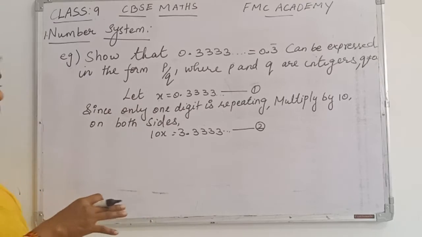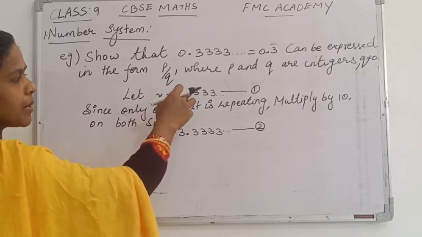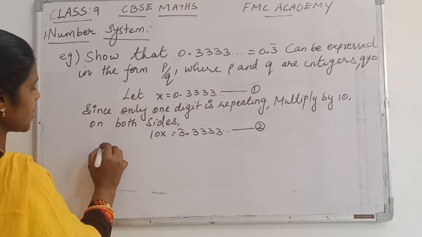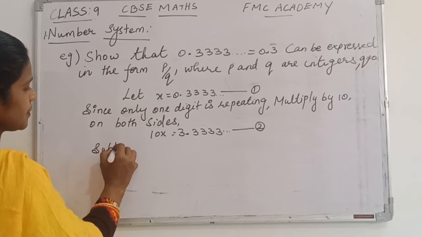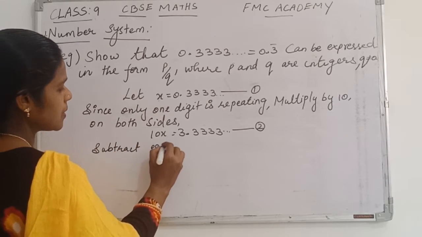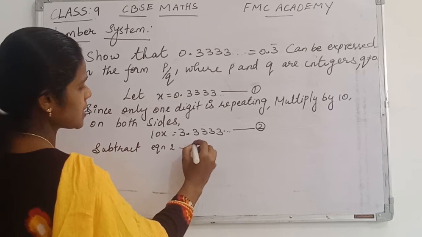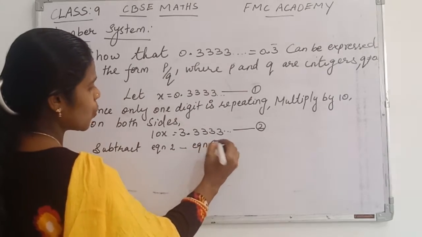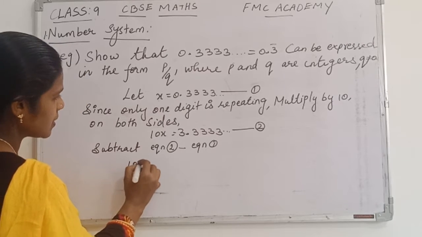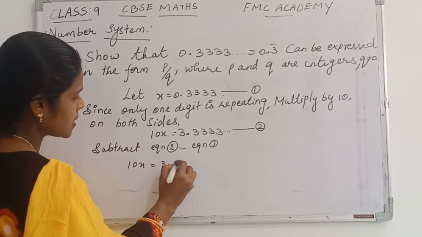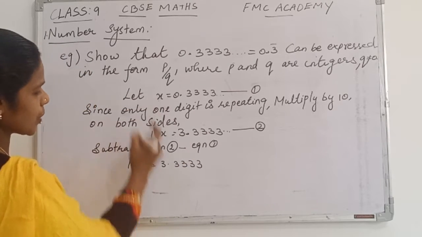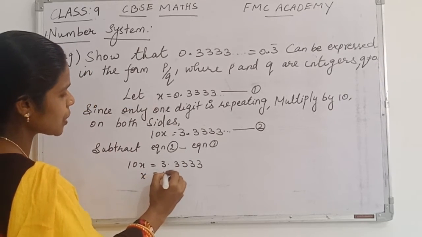The next step, now just subtract equation number 1 from equation number 2. Just write the step now. Subtract equation number 2 minus equation number 1. So just write down 10x is equal to 3.333, and the first equation is x is equal to 0.333.